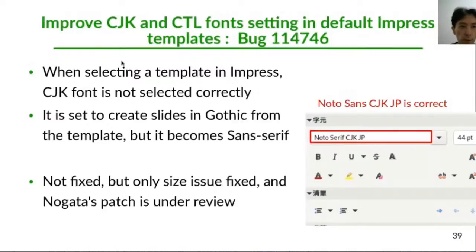I want to select serif, not sans. Of course I can change that, but I need to do it every time I create a document from a template. This is a long-standing problem.